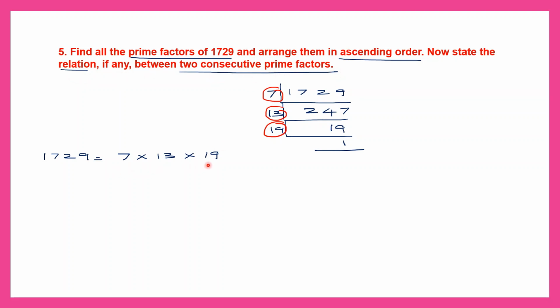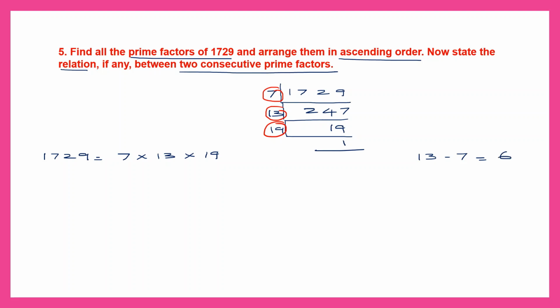So these are the three prime factors. They're asking us to take two consecutive ones. That means I should take 7 and 13 and 13 and 19 and to see if there's any relation between them. What do you think the relation can be? Now if we take 7 and 13, 13 minus 7 is 6.